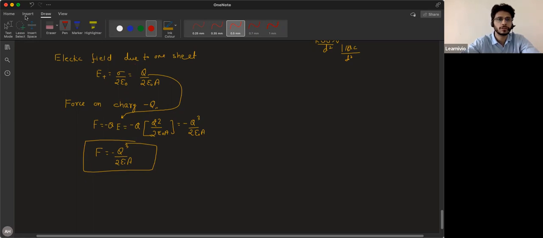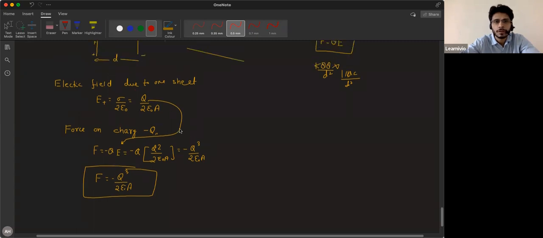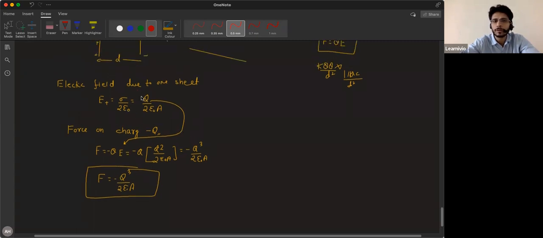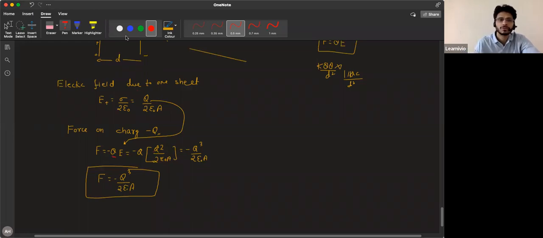See, there are two Q here. This is the electric field sigma by 2 epsilon naught, which is Q by 2 epsilon naught A. Force is QE, so one Q is here and another Q is coming from this field. Sorry, so it's Q square. This is Q square.